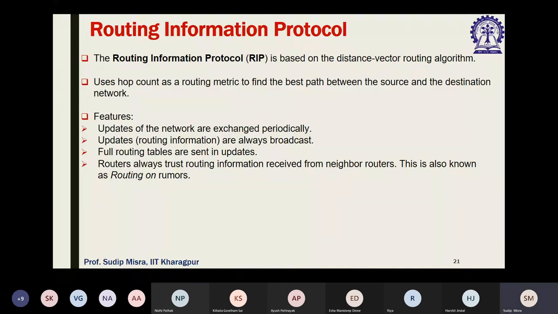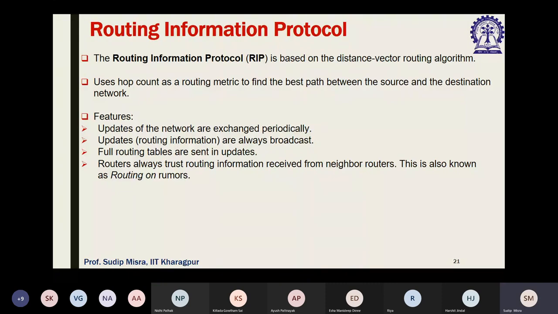What is it sharing? It is sharing the distance vector, and we spoke about how it shares the distance vector in general distance vector routing protocol. We have already seen that. So this periodic timer basically keeps track of this.